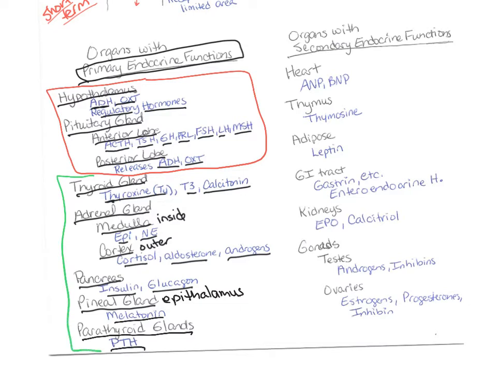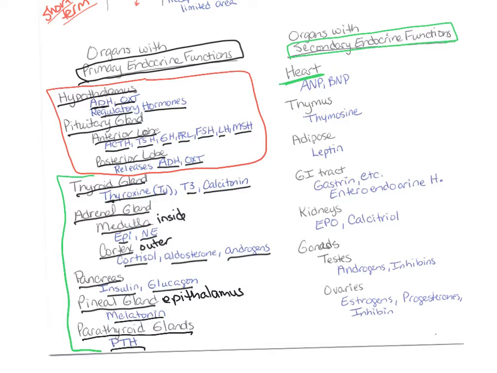In addition to that, we're going to talk about organs that have secondary endocrine functions. What that means is that these organs' main job is not to release hormones. Instead, they have specific jobs, but they also secrete hormones. So for example, the heart. The heart's main job is not to secrete hormones.